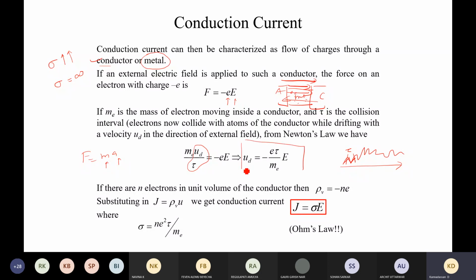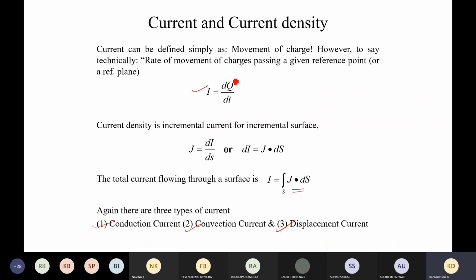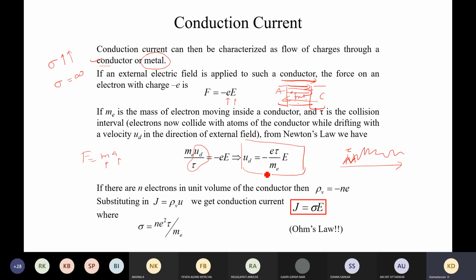Once you have calculated the drift velocity, it is very easy to calculate the total current density, because we already know that the current is nothing but movement of charge carriers, and we simply have to equate it with the electric field itself. That is what is going to give the drift velocity.